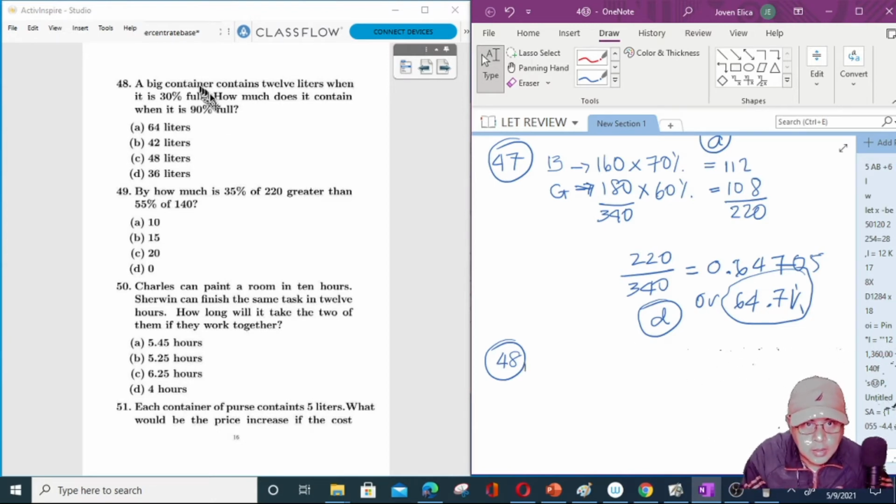How much does it contain when it is 90% full?